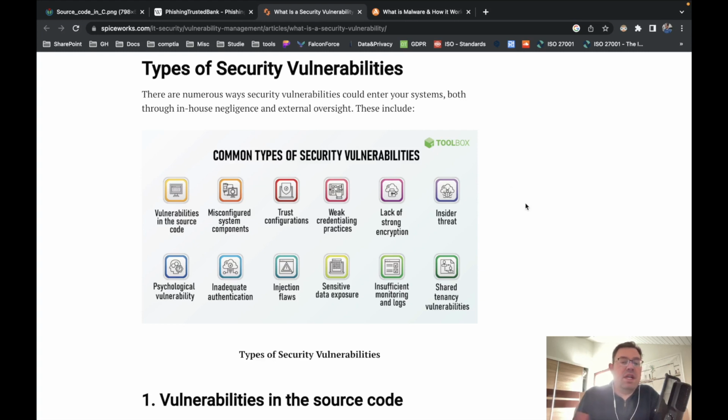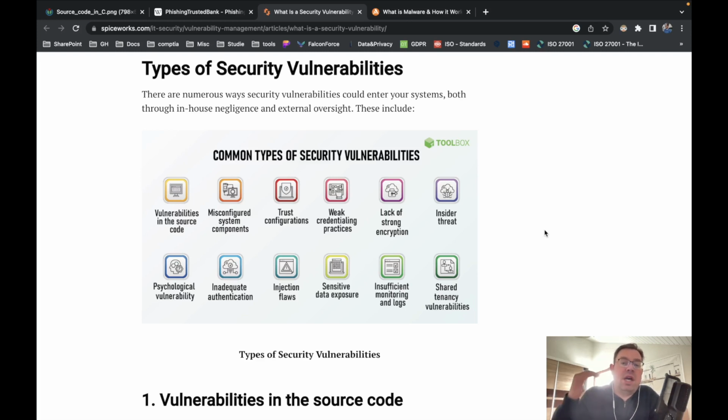So you have different kinds of vulnerabilities, like what we talked about: misconfigured system components, when you're a system administrator, for instance. Trust configurations, I think that has to do with roles, responsibilities, identity and access management. Weak credential practices.